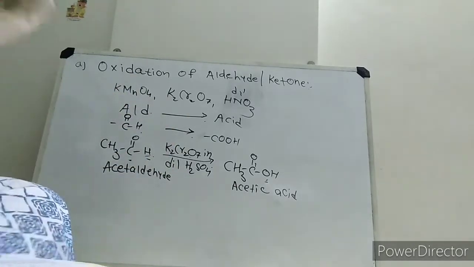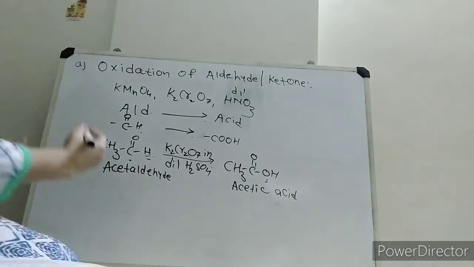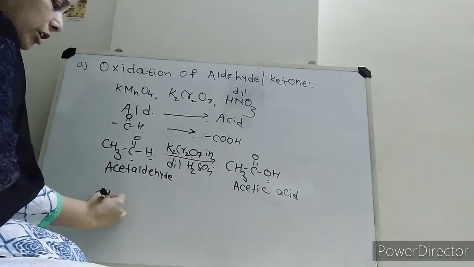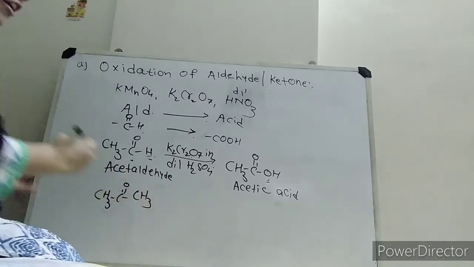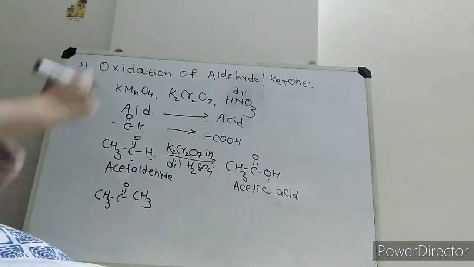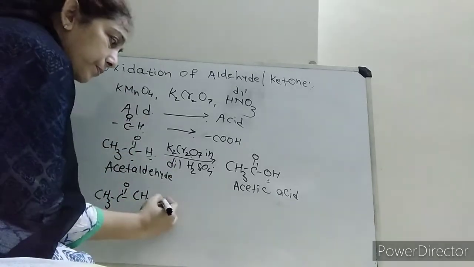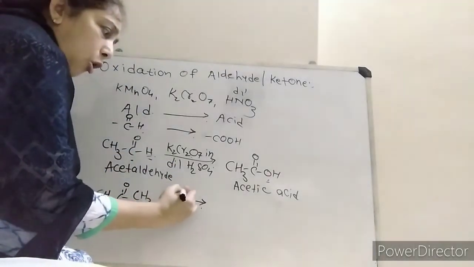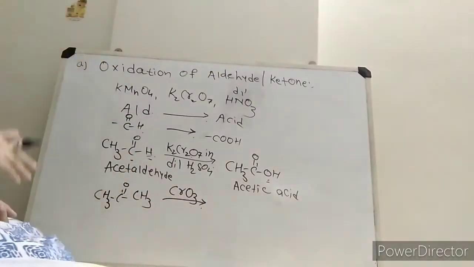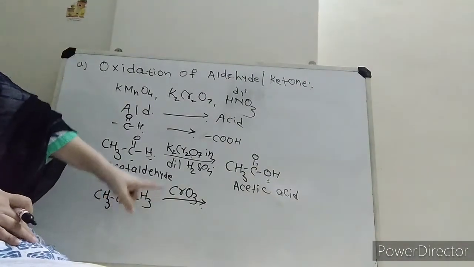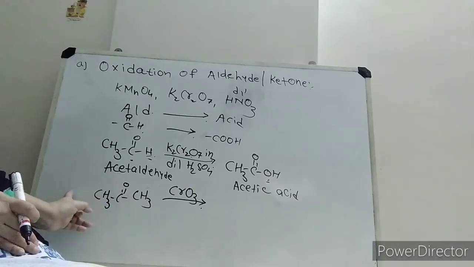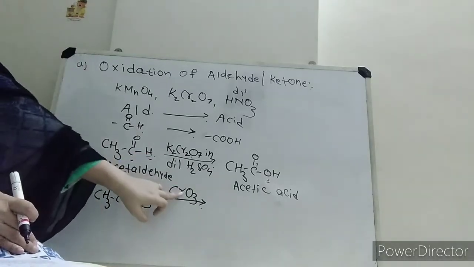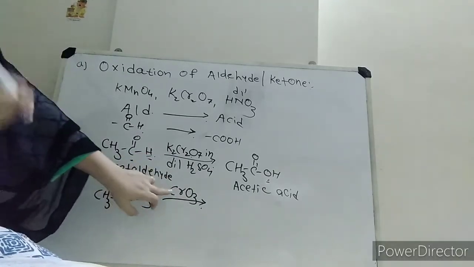But for example, if we take one ketone example, CH3, C double bond O, CH3, acetone, in presence of chromic oxide, this is also an example. It is used in the case of the ketone only because it is a strong oxidizing agent.